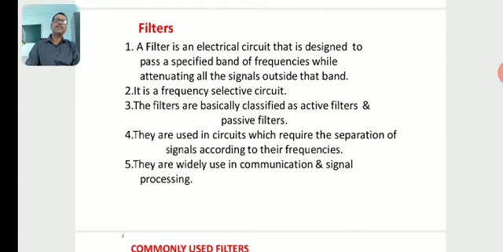The main concept of a filter is that it allows only a particular band, that means a particular range of frequency, so called a specified band. It is a frequency selective circuit.